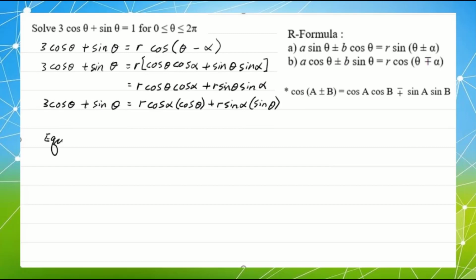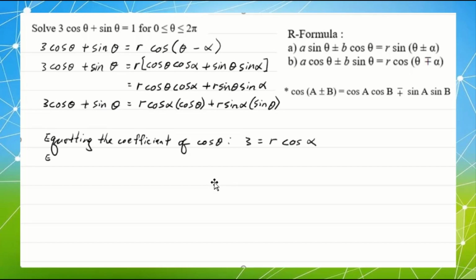Now we are doing this because we are going to compare the coefficients of cos theta and sin theta on the left hand side and also on the right hand side. Now when we compare the coefficient of cos theta, on the left hand side it is 3, on the right hand side it is R cos alpha.